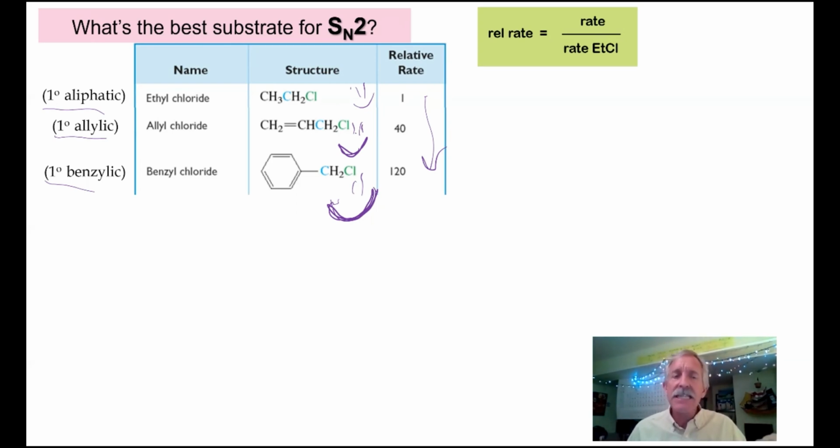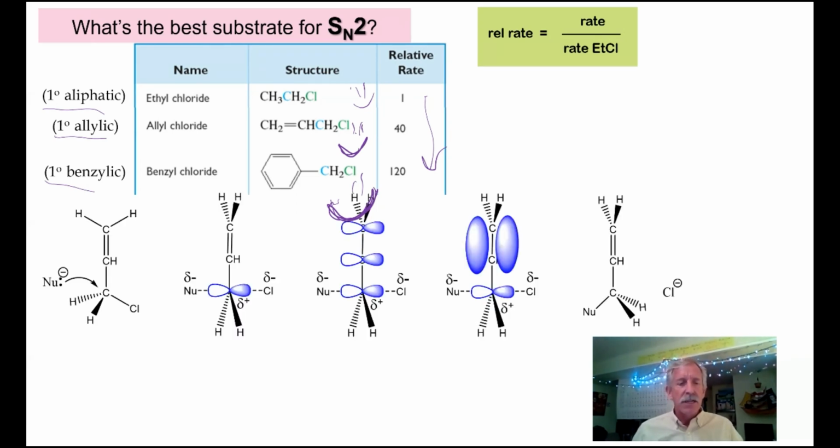This is a touchy subject. So let's take a quick look, and please ask me questions about this, because this slide might not do it justice. I try. So here, if I were to ask you what kind of carbon is the leaving group attached to, what's its first and last name? You would want to say how many carbons is it attached to?